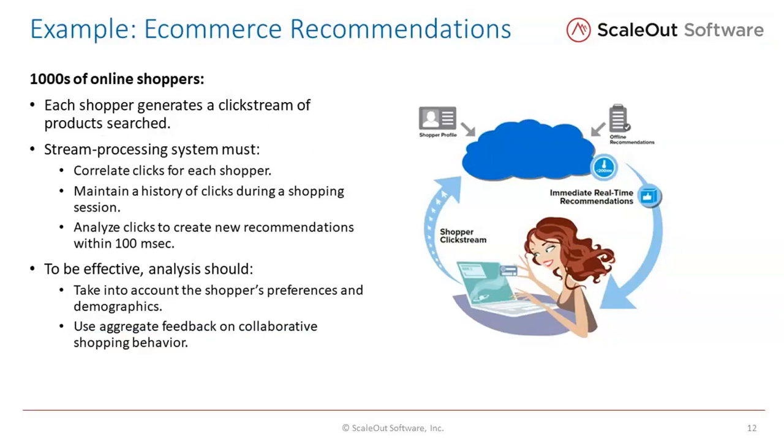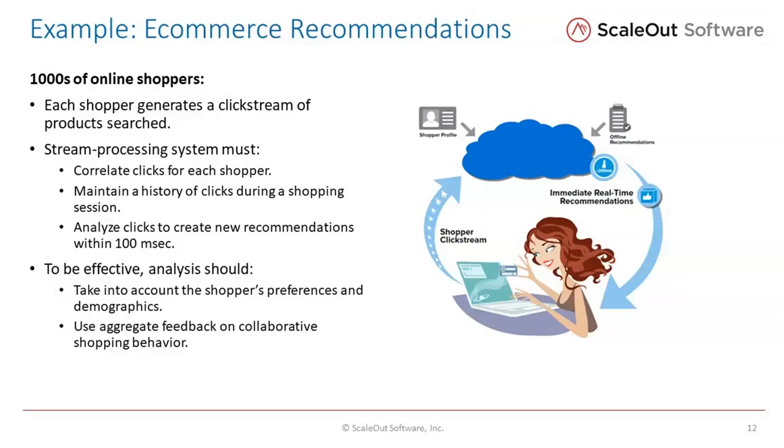What we want to do with a recommendation system is watch the click stream of clicks that a shopper is performing to look at products and decide which product in a given category to buy, and then to make immediate recommendations to assist that shopper in finding the right product or the product that the merchandiser wants to push to that shopper. So there's sometimes conflicting goals, but the net result is we need to make recommendations back to the shopper in under 100 milliseconds.